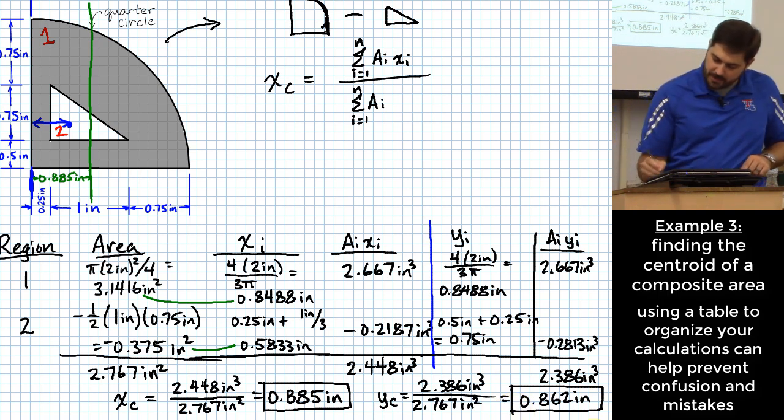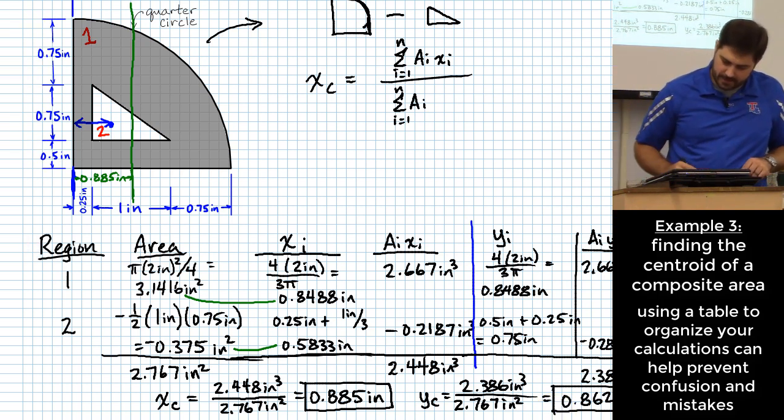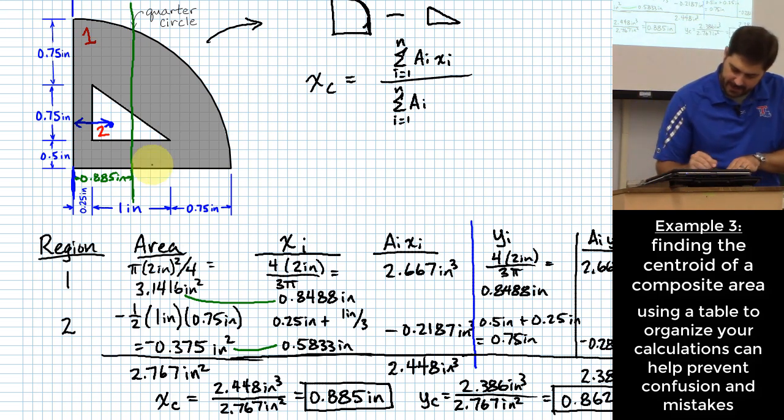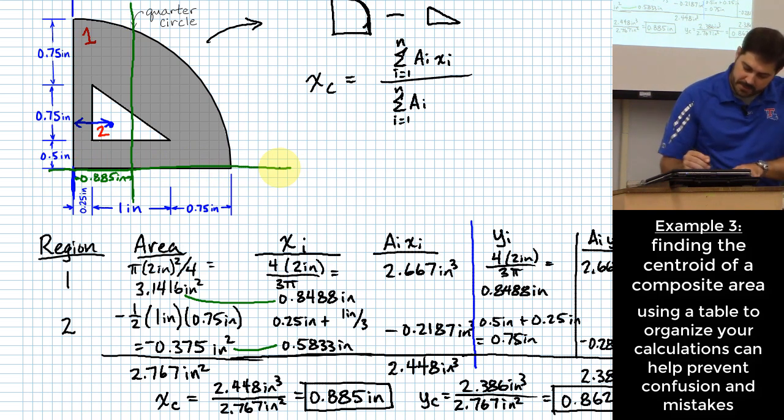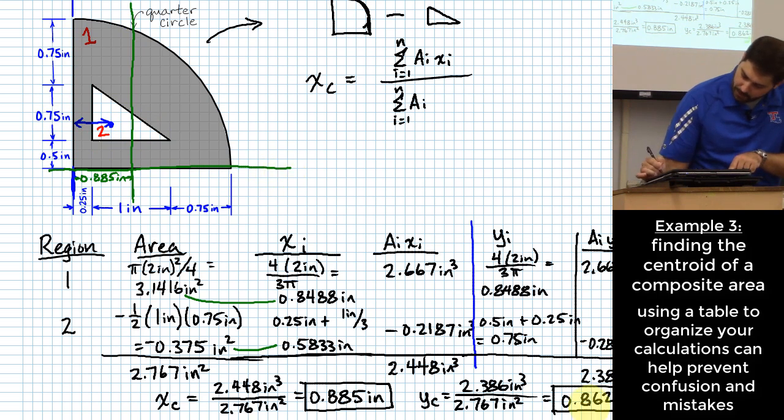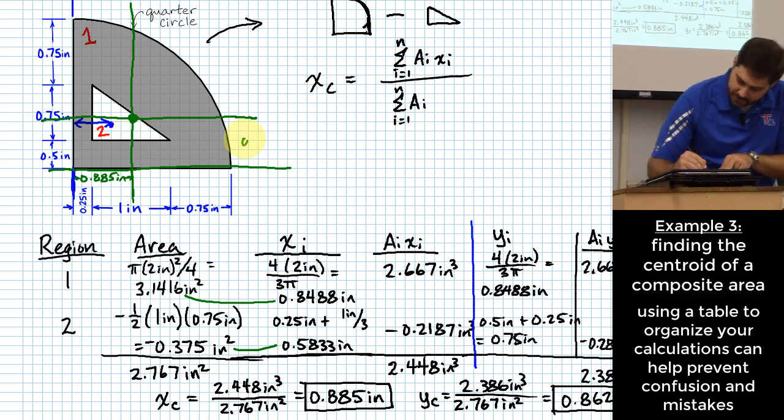And so where do I measure that? I started all of my measurements for that second phase, where I was doing my y directions, relative to this axis down here. So when I measure up to find my centroid, it's going to be 0.862. I measure up here, and wherever these two things intersect with each other, that is my centroid of the overall shape. And this height, I'll just write it over here, 0.862 inches.